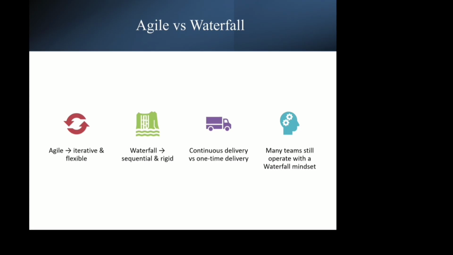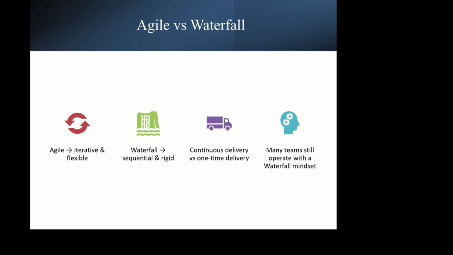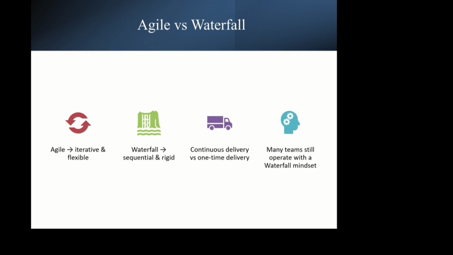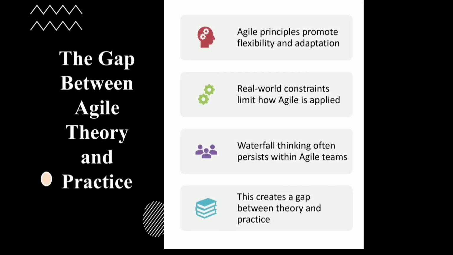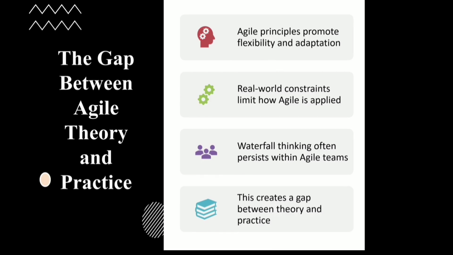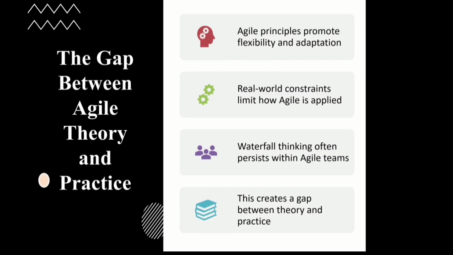However, an important issue is that many teams claim to use Agile, but still operate with a waterfall mindset. For example, teams may use Agile practices like sprints or stand-ups, but still require all requirements to be defined upfront. The gap between Agile theory and practice. Because of this mindset, a gap begins to form between Agile theory and real-world practices.